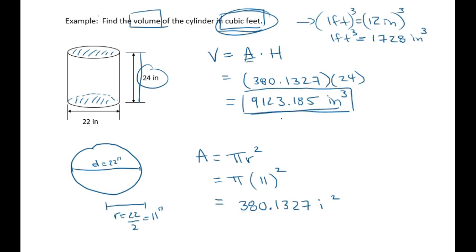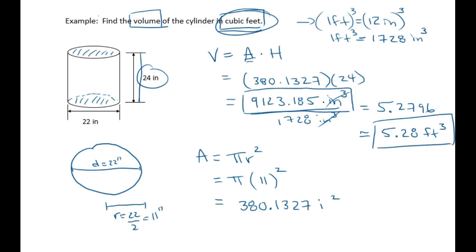If we break that down into groups of 1,728, we end up getting a feet component of 5.2796, and I'm going to round that to 2 decimal places, so 5.28 feet cubed. Again, they're not the same value, but they're the same volume. It's just that they're in separate units.